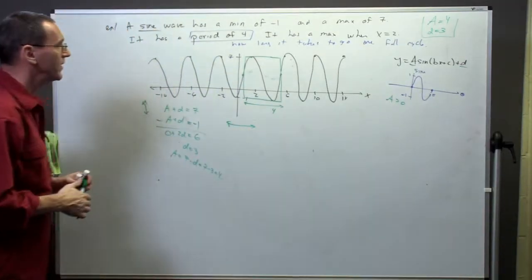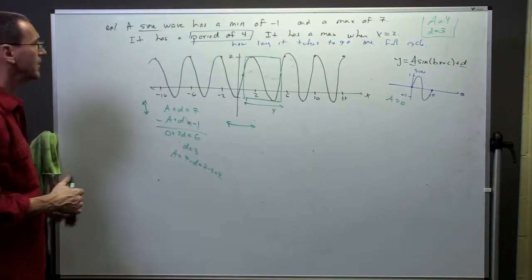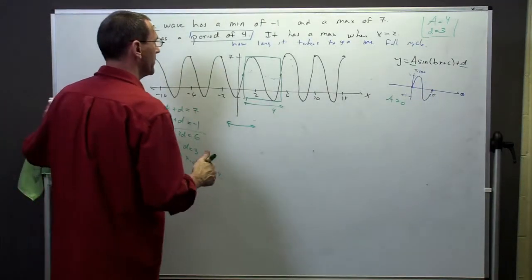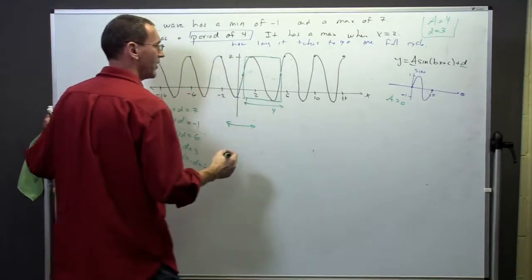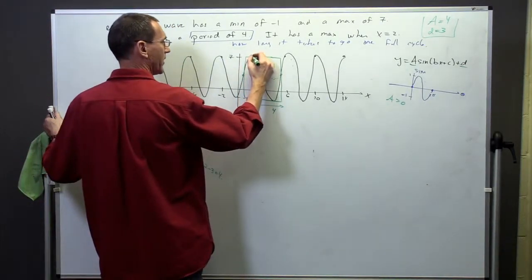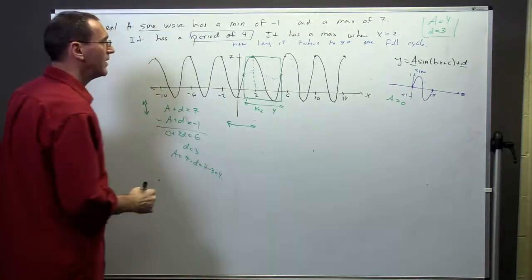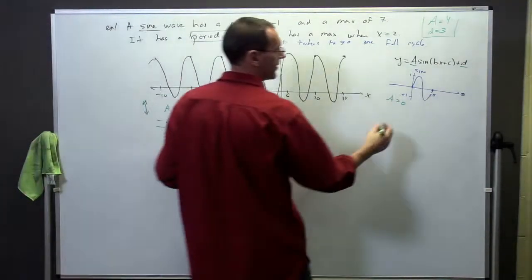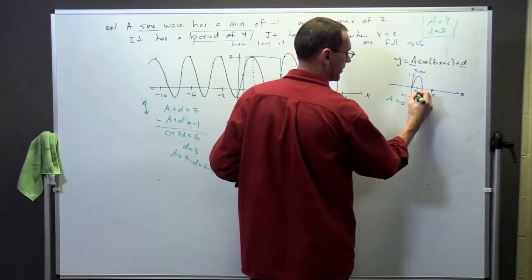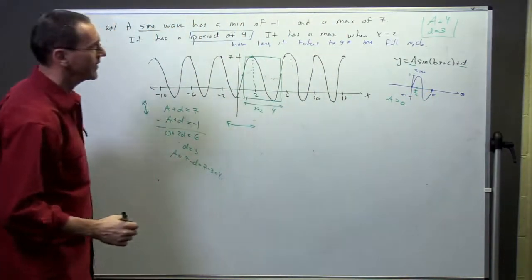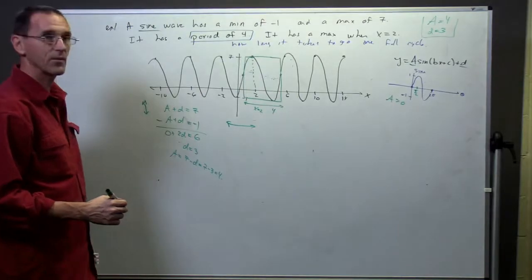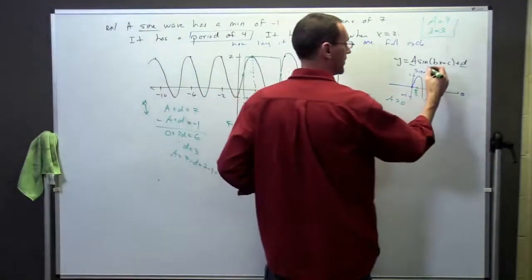Let's do the horizontal now. This is going to be a little bit trickier. So what do I know here? I know that right here, x equals 2. And at the top, I know that the value of theta has to be pi over 2. So let me come back and look at this.